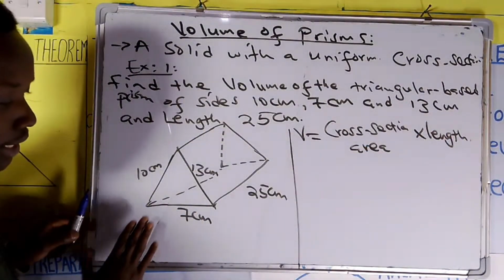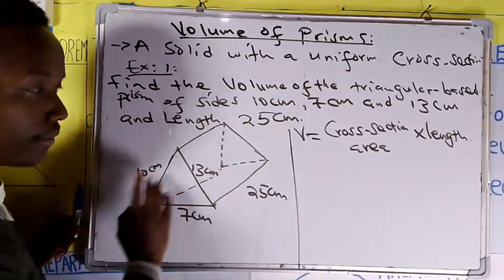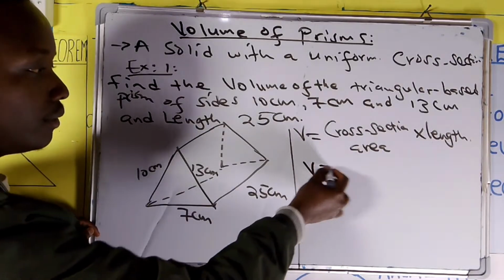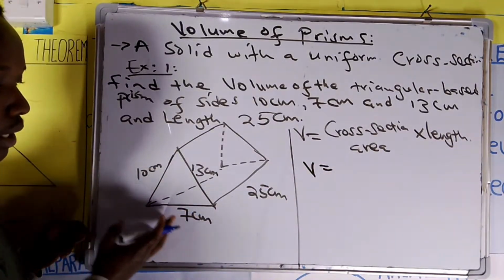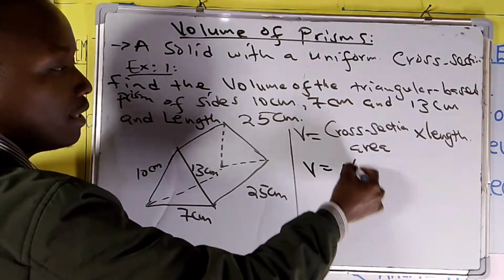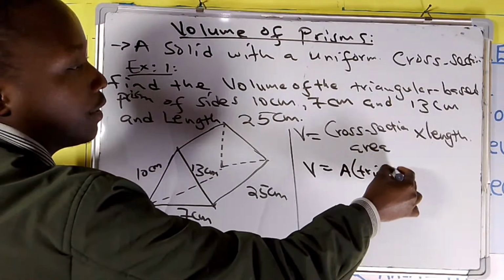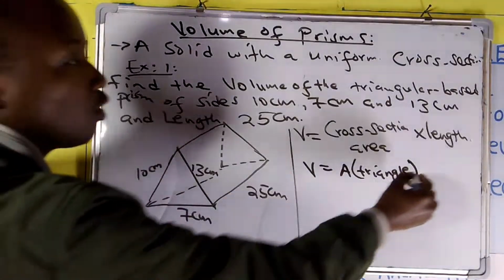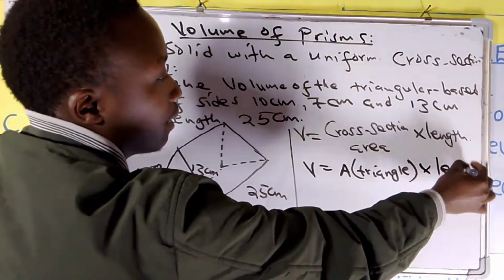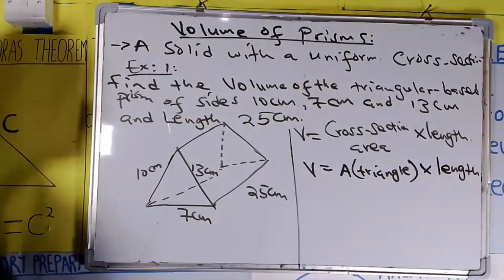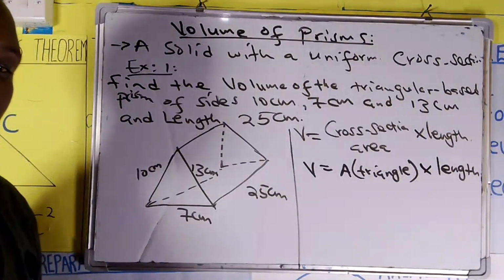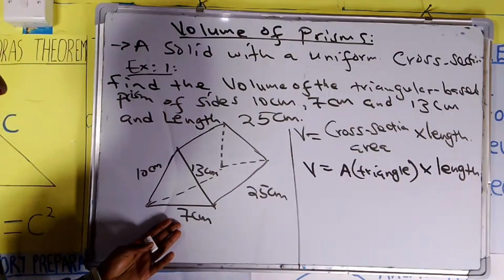The cross-section area is the area that we can see at the face, which is a triangle. So in this case, the cross-section will be the area of our triangle. After we determine the area of our triangle, we now multiply by the length, and once we do that, we will have determined the volume of the prism.